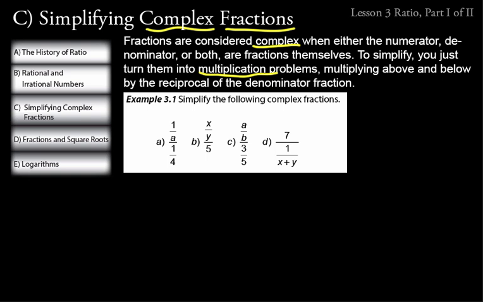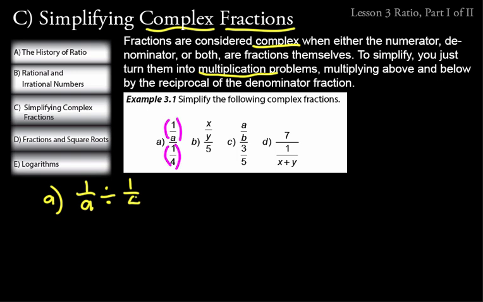So look at A, simplify that. What we're looking at there is this fraction, 1 over a, divided by this fraction. And maybe you remember from a pre-algebra course, that's what the fraction bar means, right? It means divided by. 1 over a divided by 1 over 4.